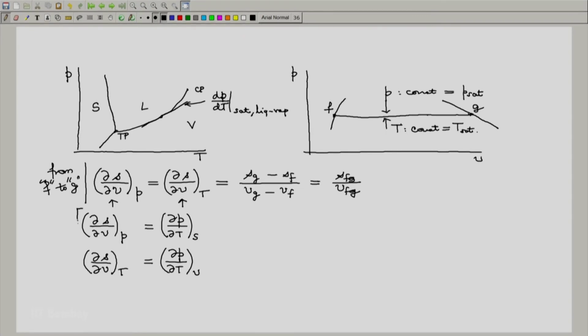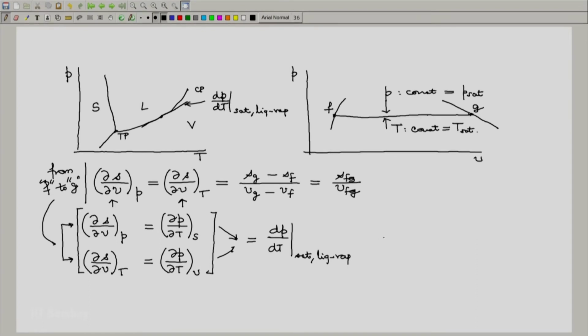Now, between F and G in the saturation domain or on the saturation line, both these partial derivatives are equal, and hence both the right hand sides should also be equal, and that obviously means something which we already know, that both these are equal and are equal to dP by dT along the saturation line for the liquid vapor combination of states.